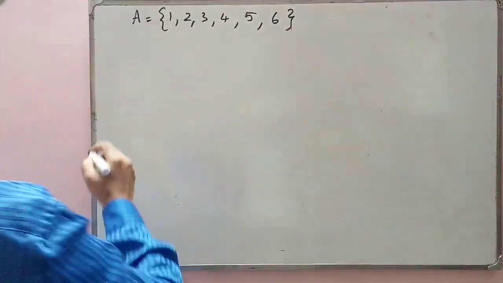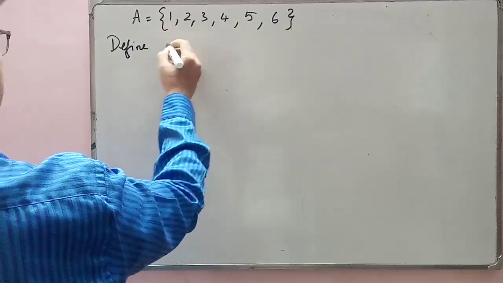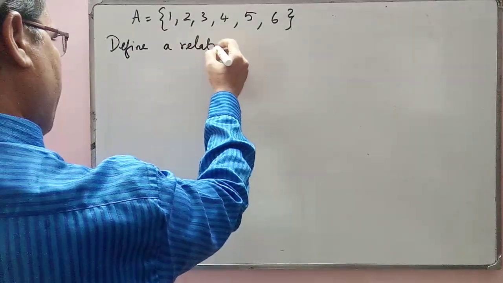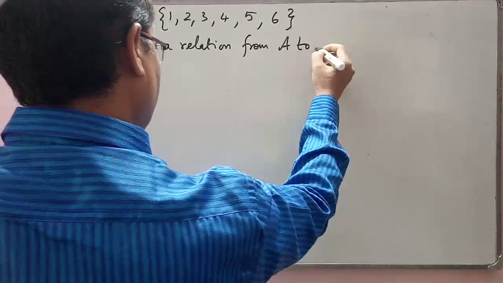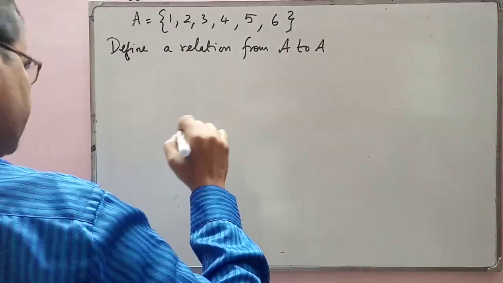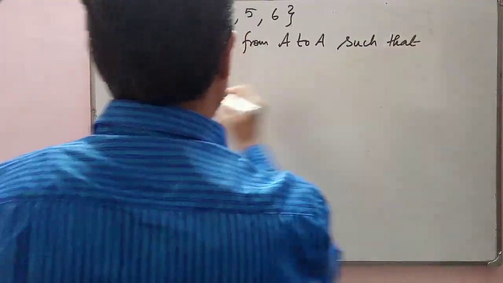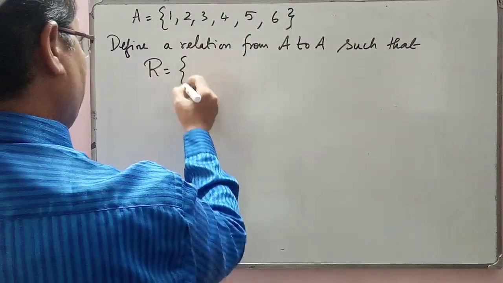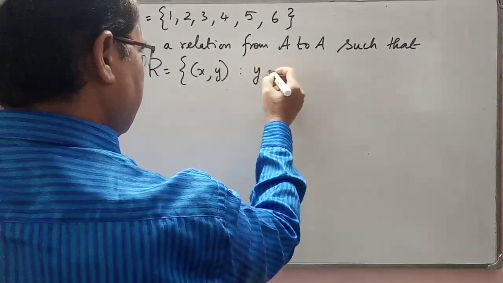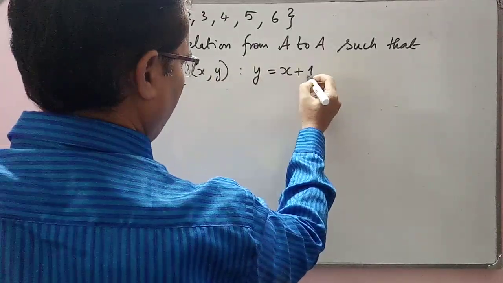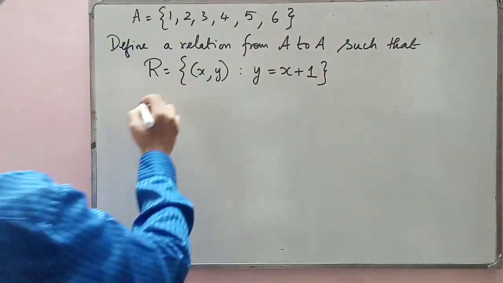Now we'll define a relation from A to A such that R is equal to the set of all ordered pairs (x, y) such that y is equal to x plus 1.